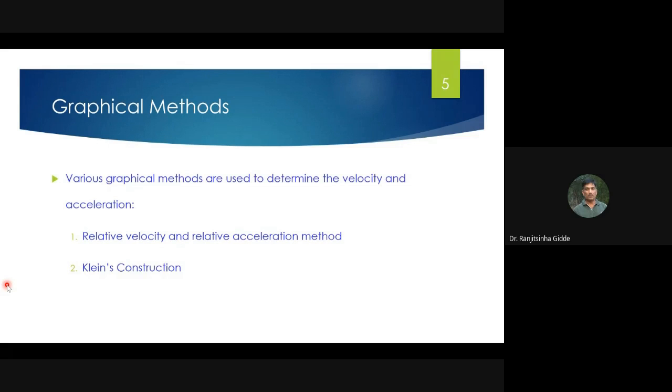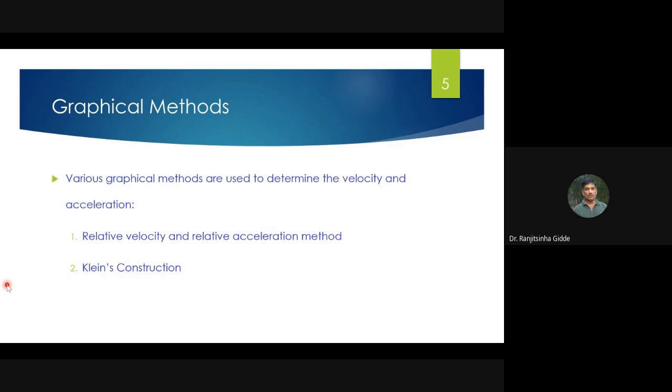Next line you can write number 1. So in book, analytical as well as graphical methods are also given. So instantaneous center, that is one of the graphical method, but that is not for our syllabus. So that's why only whatever for the syllabus, that is included on the slide, and that we are going to write.